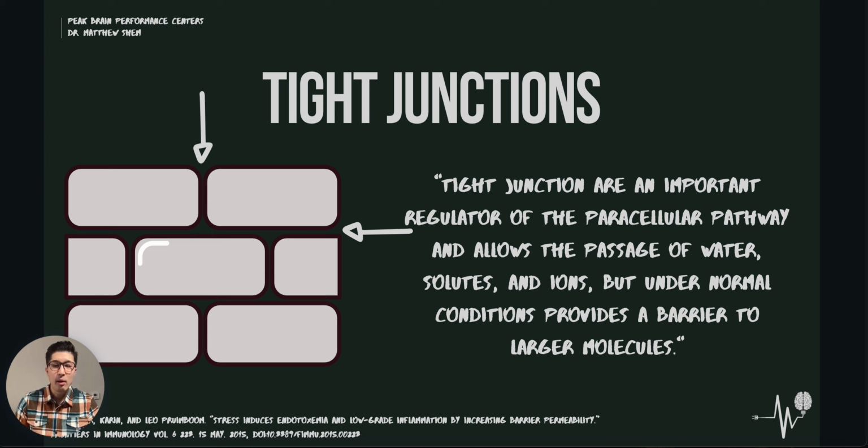And with that, now larger molecules can get through, which aren't supposed to be there. Just like if a stranger or a stray animal walked into your house, those things are not supposed to be there. Same kind of thing with the tight junctions in your intestinal barrier. Once these larger molecules pass through, then we start to have dysfunction, okay?